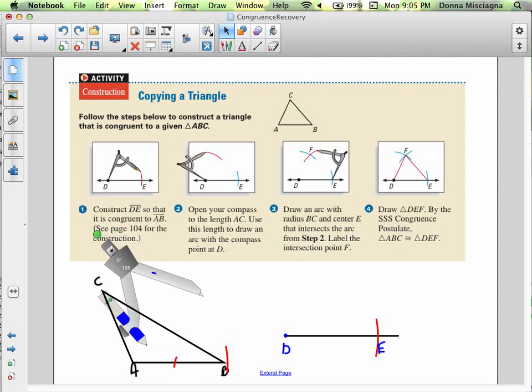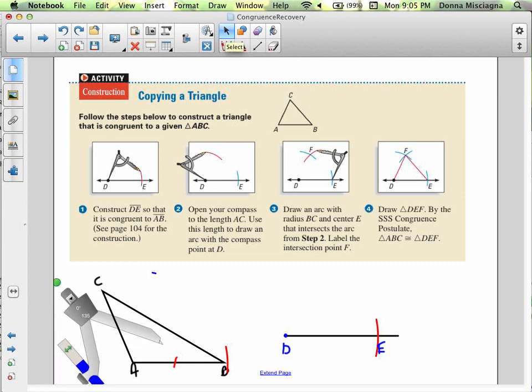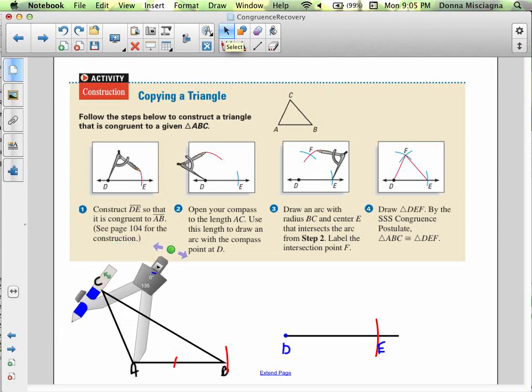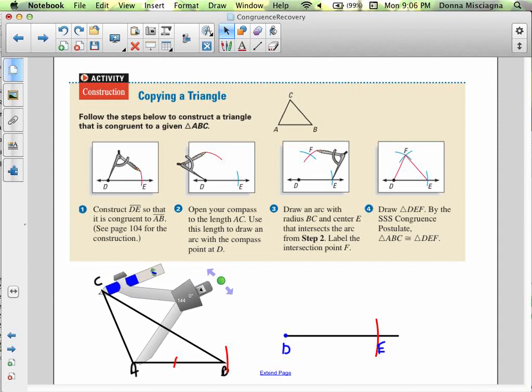We're trying to measure segment AC. The compass spread is going to represent the length of AC. And notice that AC here is going to be the radius of a circle, because if I were to swing this around, I've got a circle.